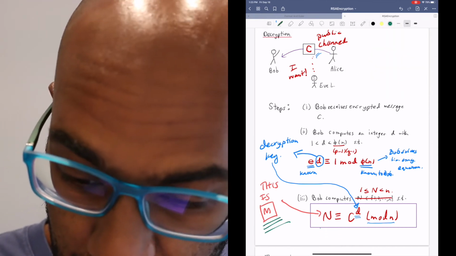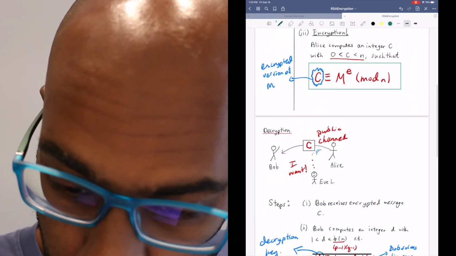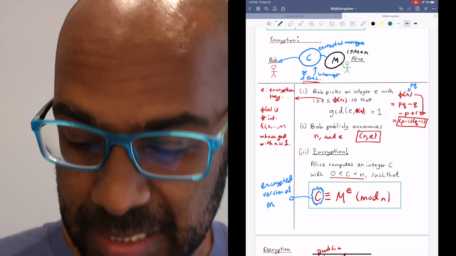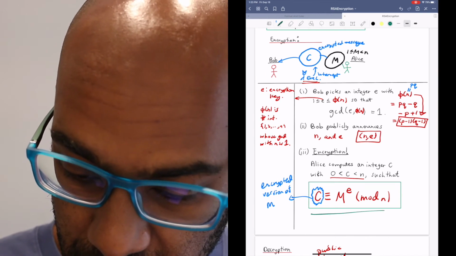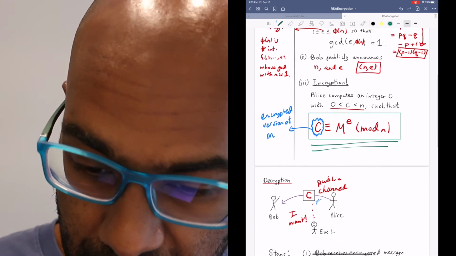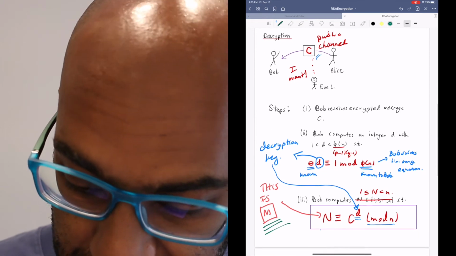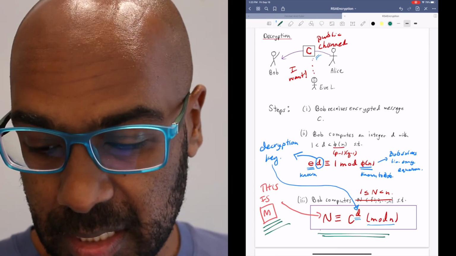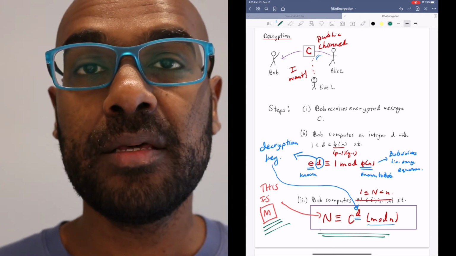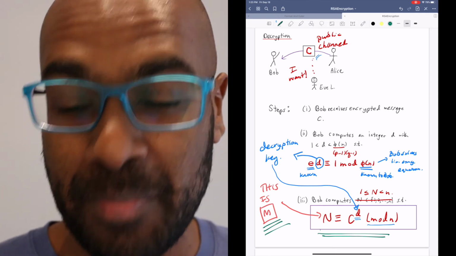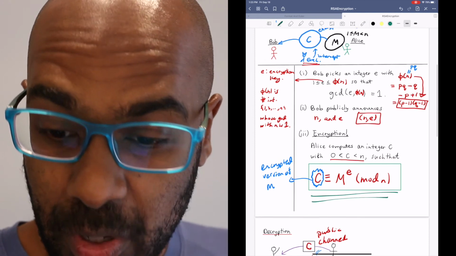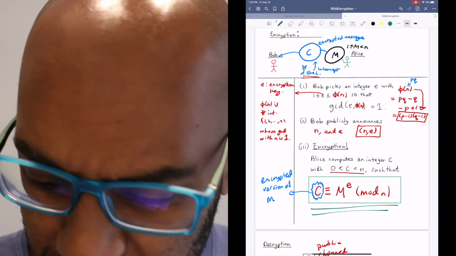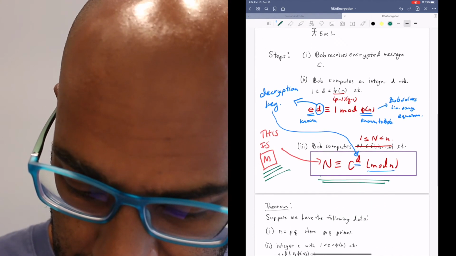Somehow, through this entire process where Alice changes her message to this encrypted message C, and then Bob subsequently takes that and applies this decryption process, Bob will end up with a number N that actually is the original message M that Alice wanted to send in the first place. So the question is why? Why is this the case?